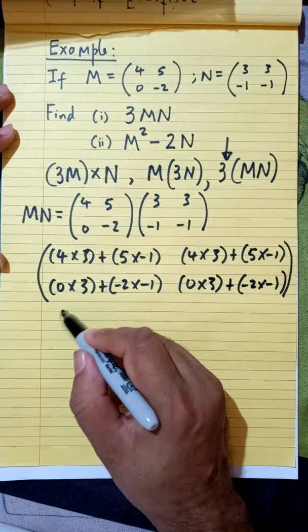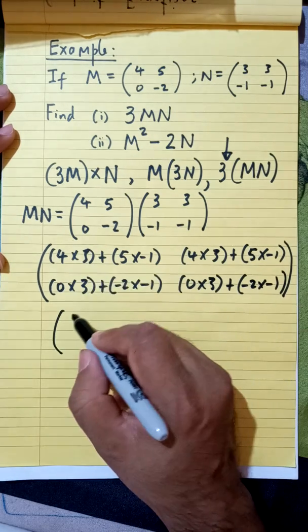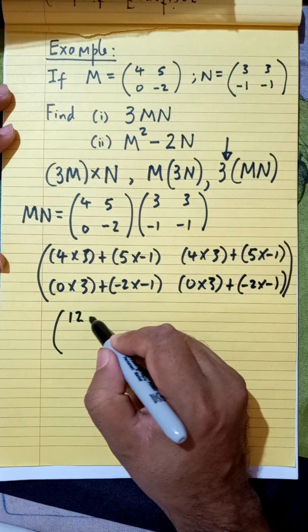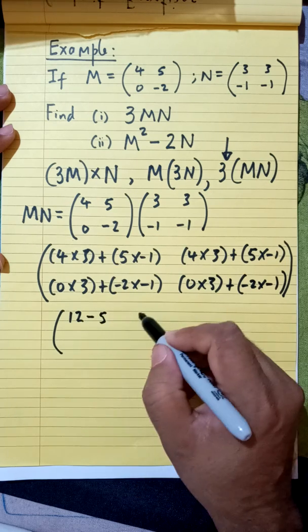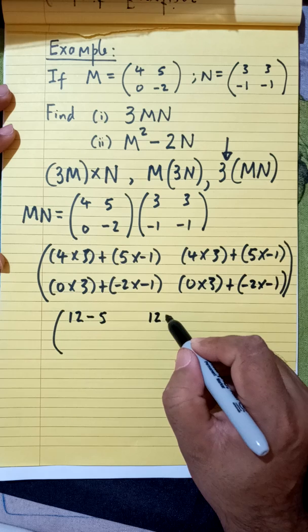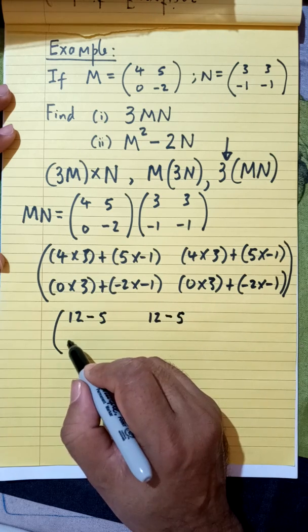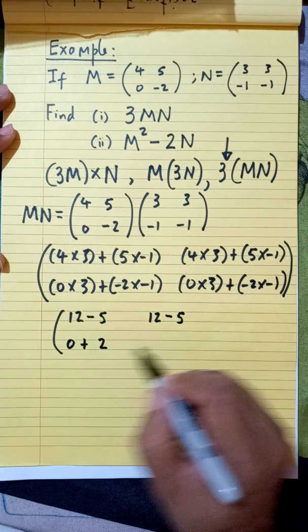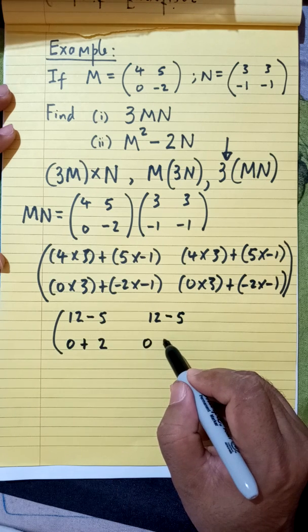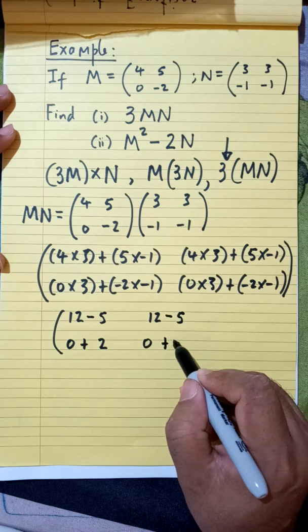And then that's going to be 12, take away 5, 12, take away 5 again, 0 plus 2, 0 plus 2.